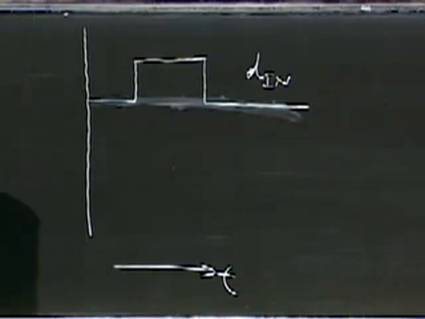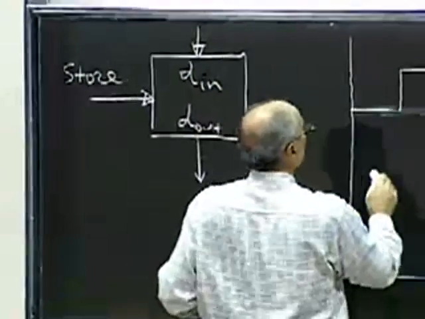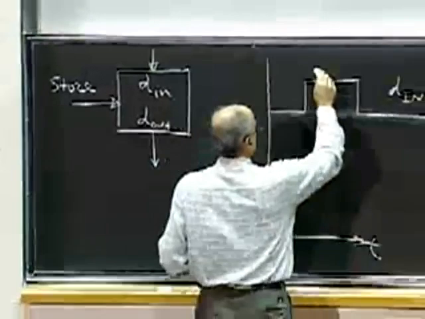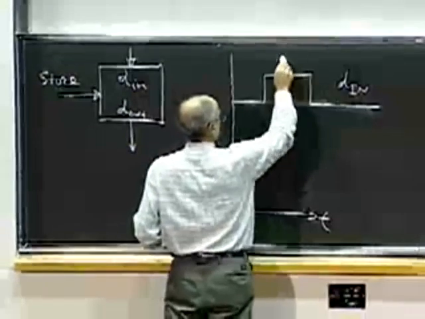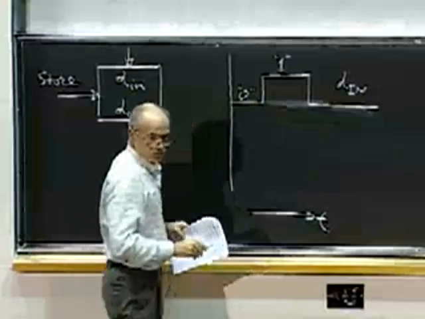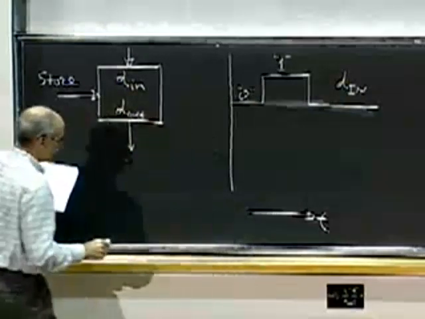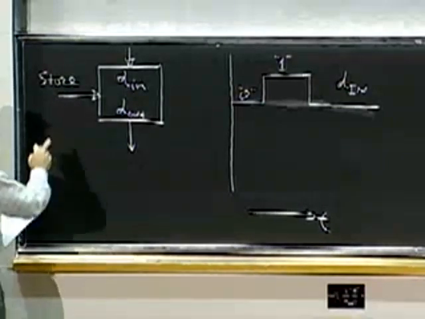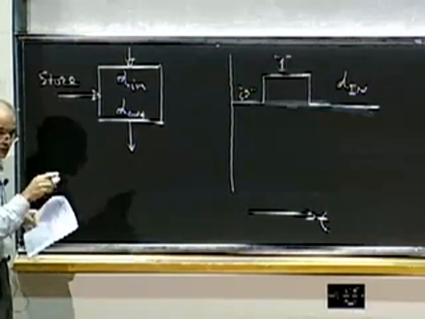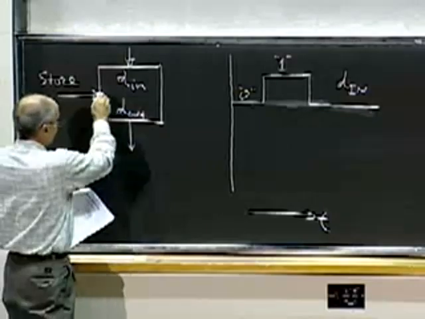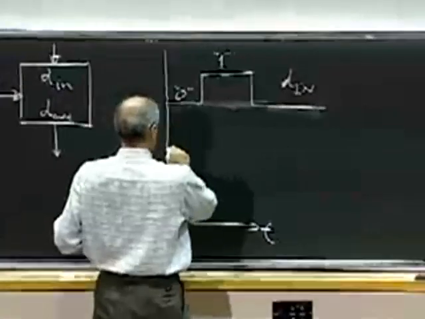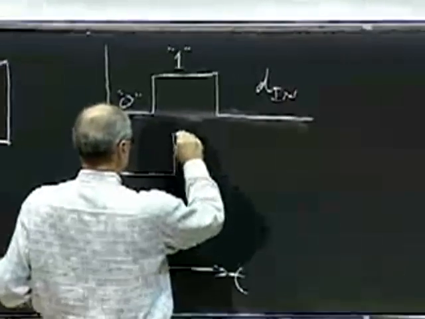And the store command comes in the form of a logic, so let's say this is logic 1, this is logic 0, okay? And although this is not absolutely necessary, let's also define that the store command comes in the form of a logic 1 at this store input. So store, let's say it looks like this.